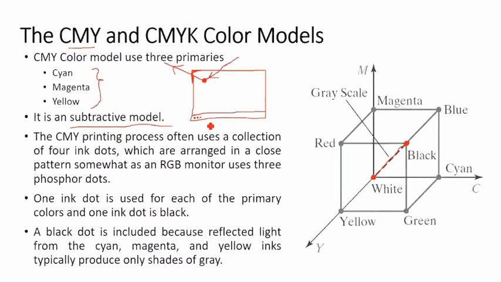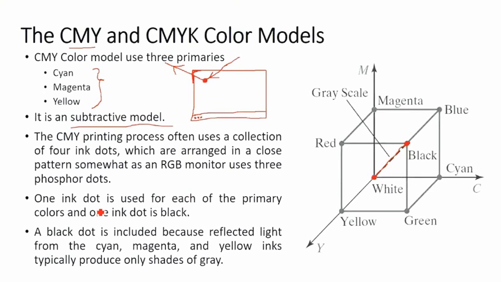So apart from having CMY color dots or color inkjets, we will also have one more dot, that is K. K is nothing but your black dot. So if we want black, instead of mixing C, M and Y, we can directly use the ink in K to get the black. So CMYK is the general color model that printing uses, especially in print media.